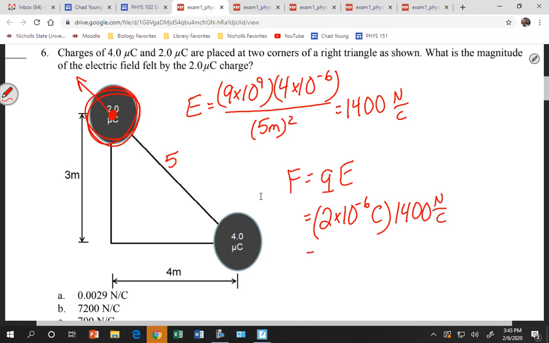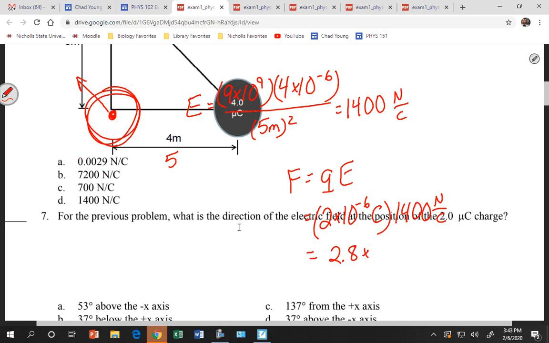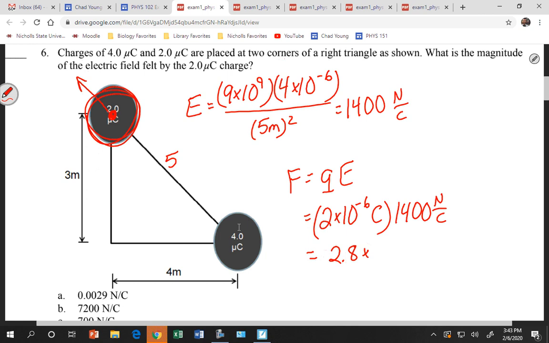So that'll give me my force. What's that? 10 to the minus 4? 10 to the minus 5? What is it? Oh, that was for the angle. But if I wanted to know the force, that's how I would get it. I think it's 10 to the minus 5. I'm going to put a question mark.